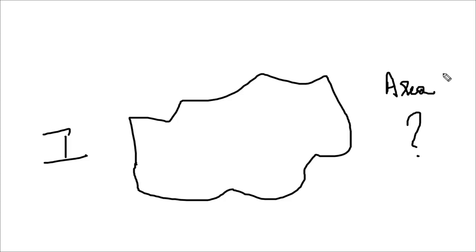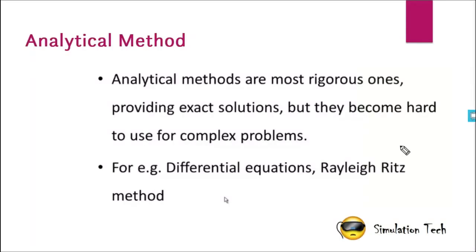How it actually works is that in an analytical method, we use formulas and theorems which are already available, ready-made, so we can just apply them to our problem statement to solve the problem and get the solution. That is called the analytical method, but it is mostly suitable for problems which are very easy.